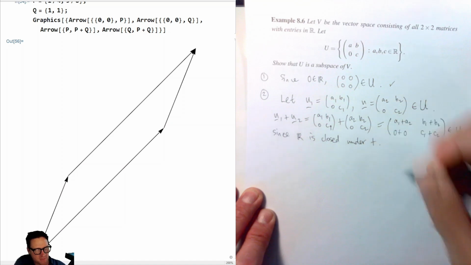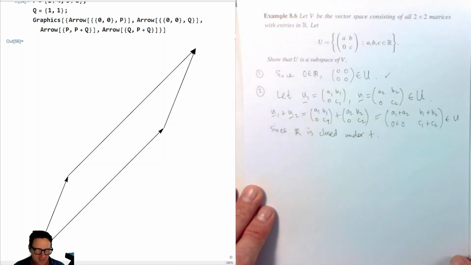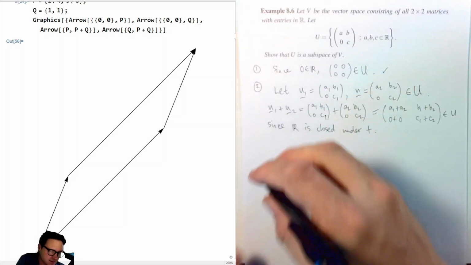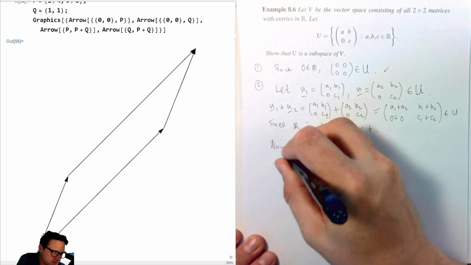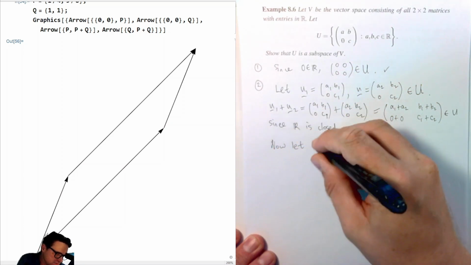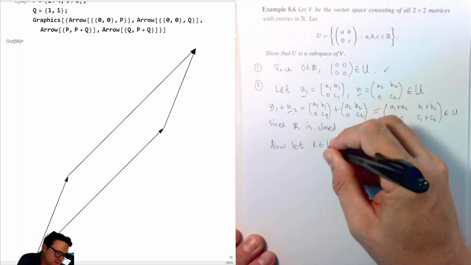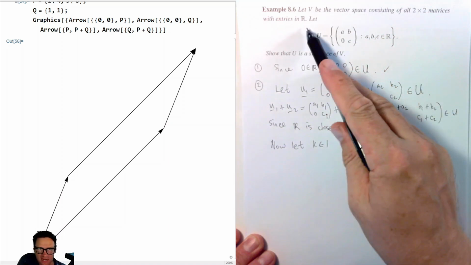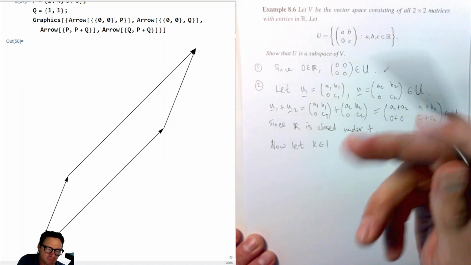Okay, so finally let's take, so now let K be an element of our field of scalars, a set of real numbers.